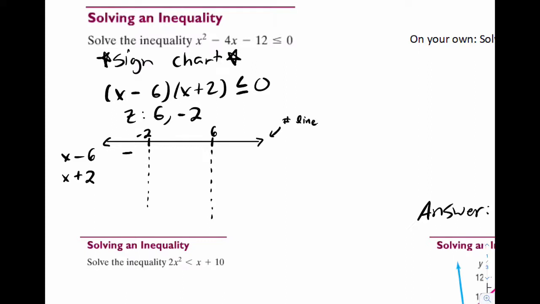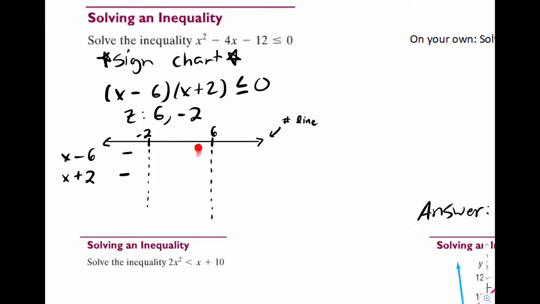Now you plug that same number, negative 4, into this one. Negative 4 plus 2 is still negative, so you put negative there. So if the number is less than negative 2, you plug it in here, the outcome is negative. Plug it in here, outcome is negative.